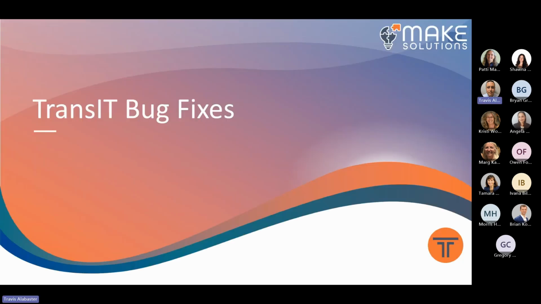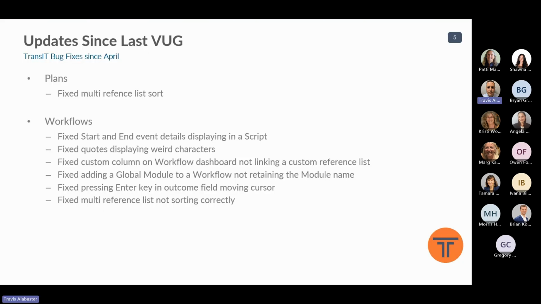In terms of bug fixes this month, we fixed on the plans page the multi-reference list not sorting correctly. Inside of workflows, we fixed the start and end date that would display in a script. You'll see a feature update regarding decision gateways once we get to it. We fixed an issue where quotes were displaying weird characters inside of your task boxes.